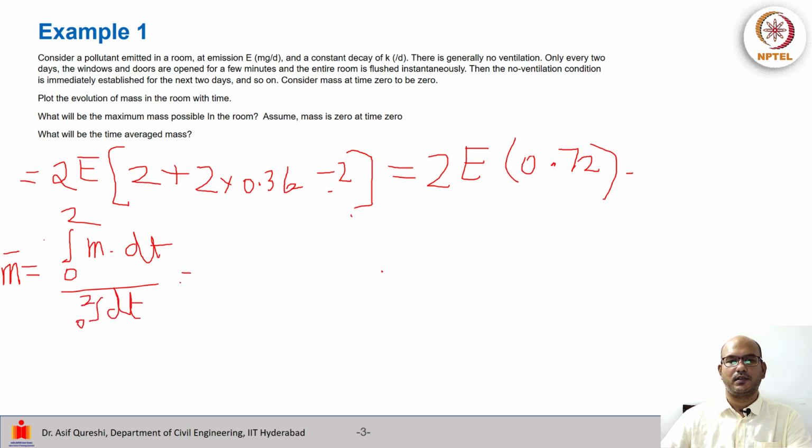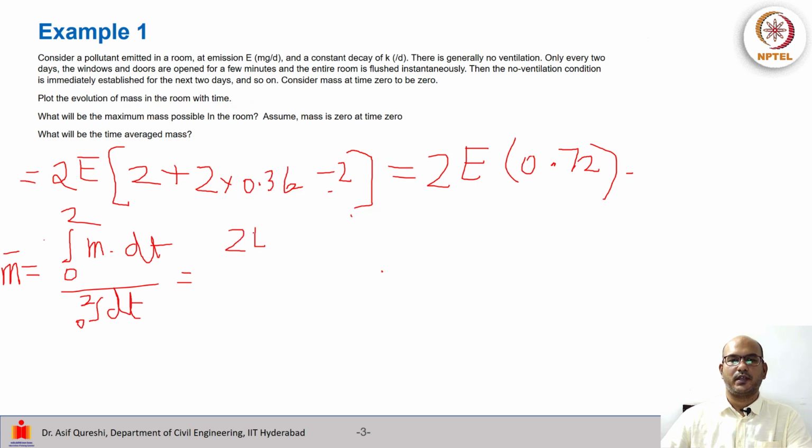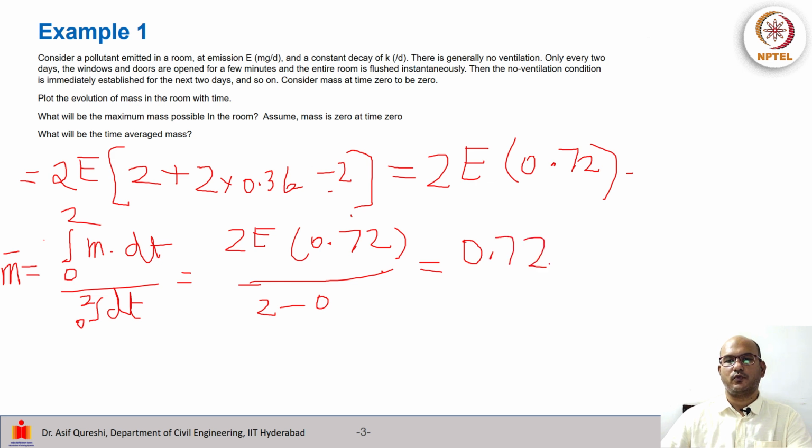So this will be 2e, 0.72 divided by 2 minus 0. So 2 and 2 will cancel out, and we will have m bar equal to 0.72e. So this will be our time average mass. So that's the first example.